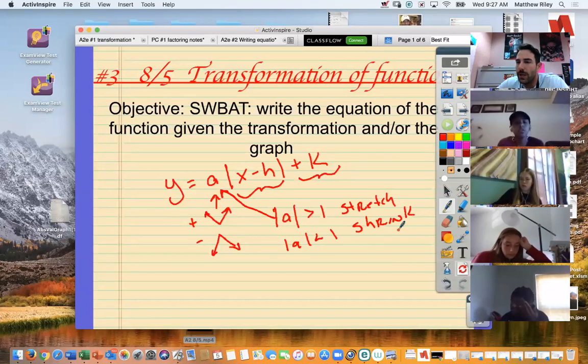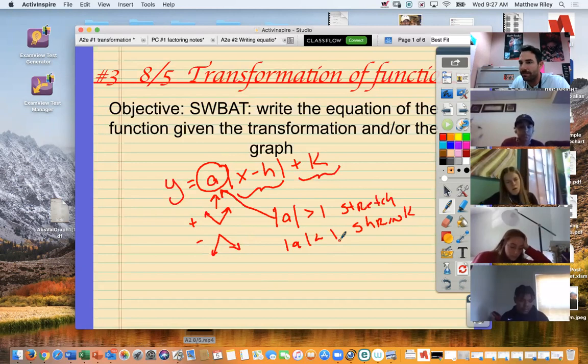Now, I told you guys I didn't want to introduce it this way, but now you understand what I'm saying. a is always what's being multiplied by the absolute value. So positive or negative just tells me how it opens up or down. Then if the absolute value of a is greater than 1, it stretches it. If it's less than 1, it shrinks it. And that's it, okay?